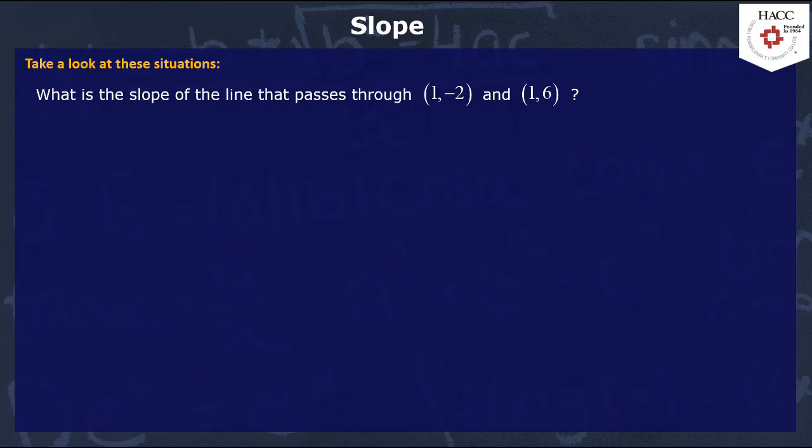In the second one you were given to look at, what is the slope of the line that passes through (1, -2) and (1, 6)? When you set up the slope formula, you would have -2 minus 6 over 1 minus 1 as one of your possibilities, which gives you -8 divided by 0. If you had the points oriented differently, you would have 8 divided by 0. In either case, we have an issue here: the denominator is 0.